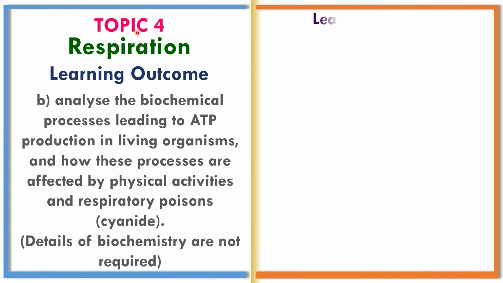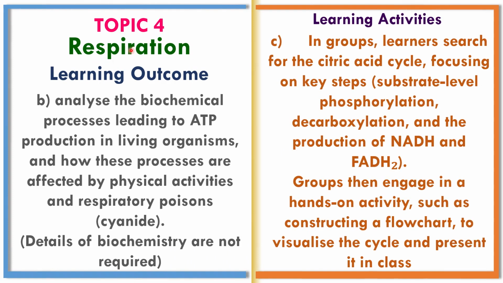Thank you very much for participating in topic 4, respiration. We have been looking at learning outcome B: analyze the biochemical processes leading to ATP production in living organisms and how these processes are affected by physical activities and respiratory poisons like cyanide. Details of biochemistry are not required. We have been looking at learning activity C in groups.